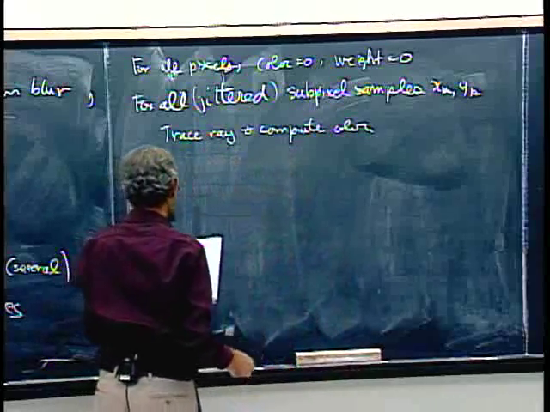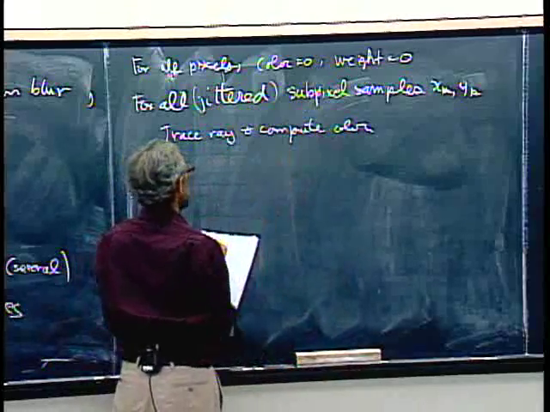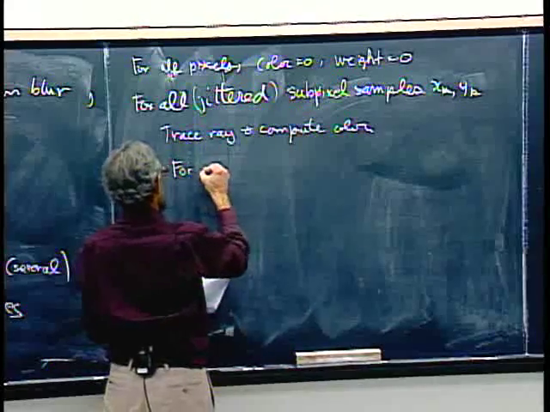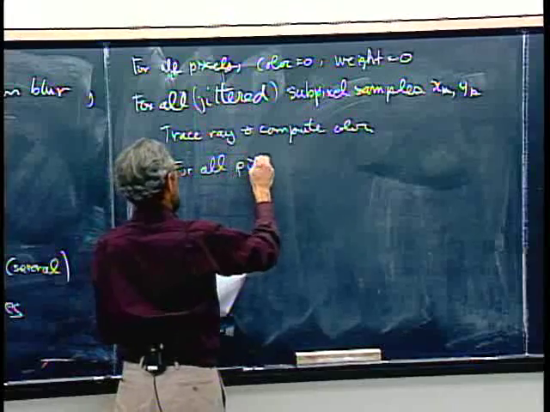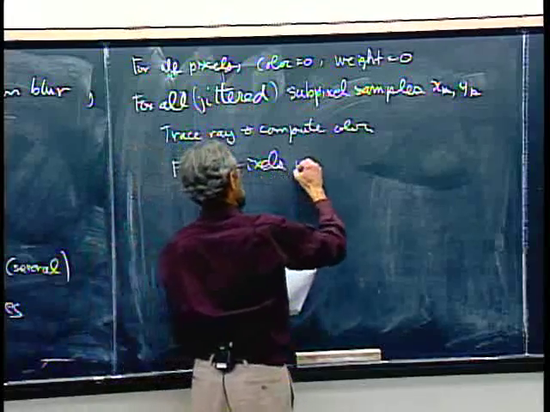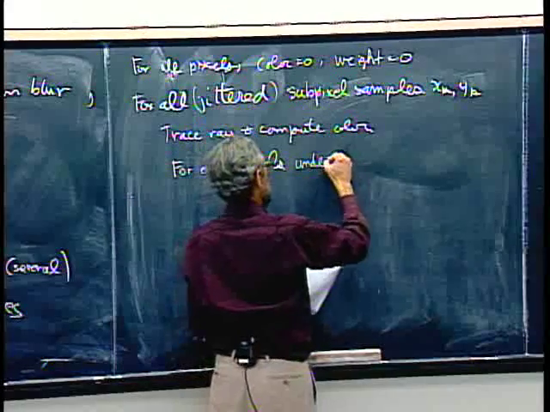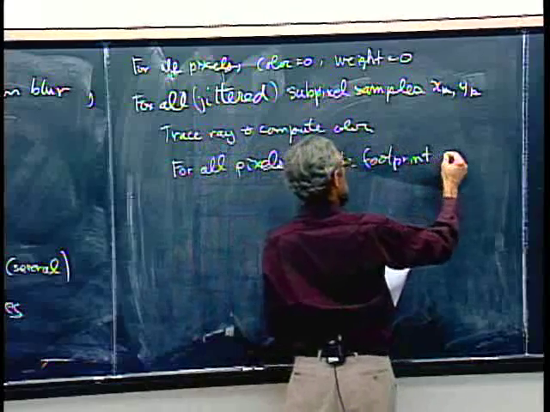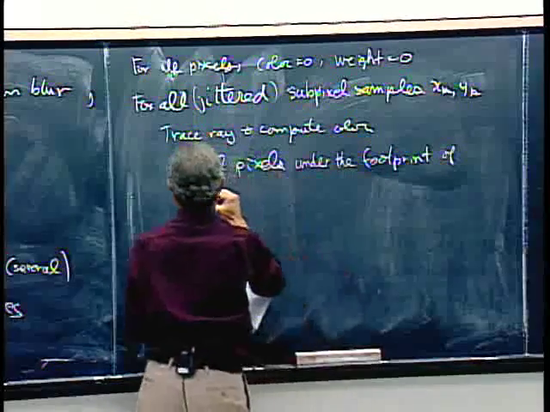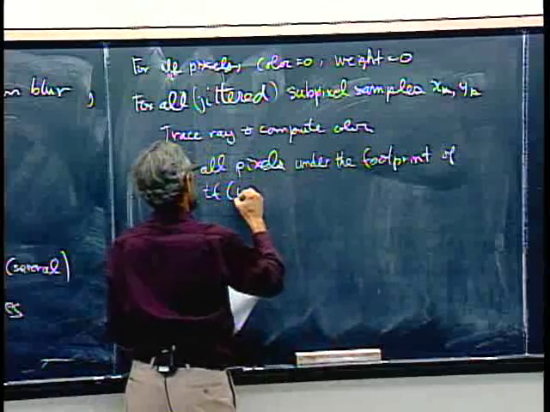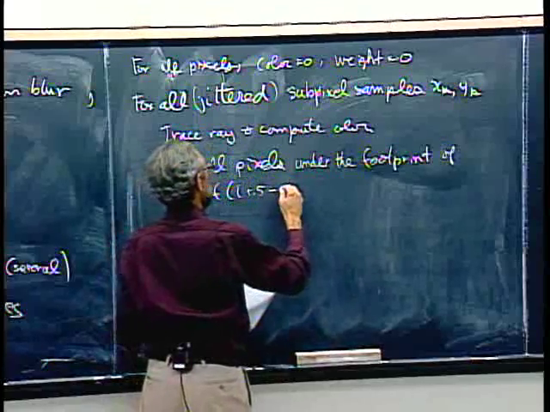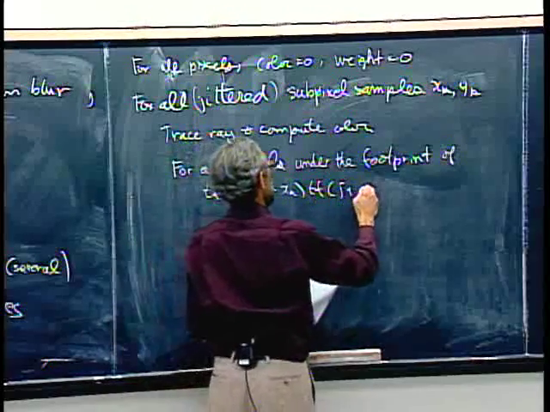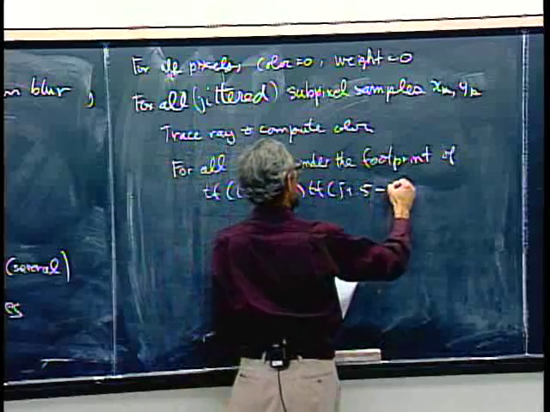And then our outer loop is going to be over the subpixel samples, and the inner loop is for all pixels under the footprint of TF(i + 0.5 - xk) TF(j + 0.5 - yk), right?